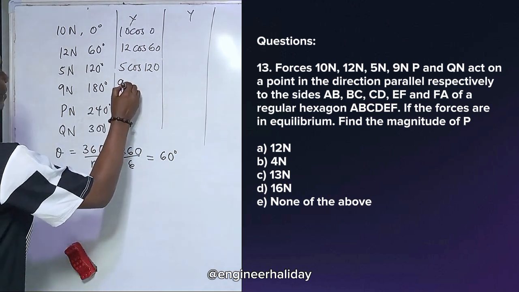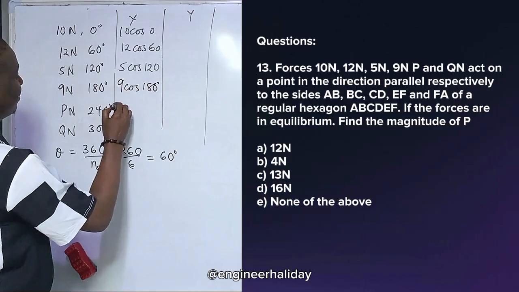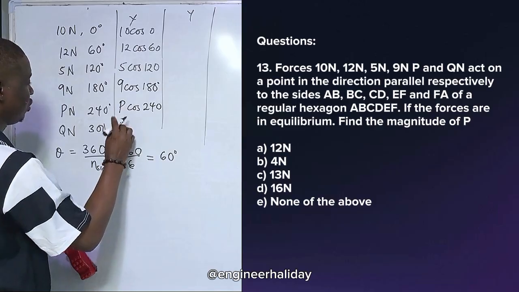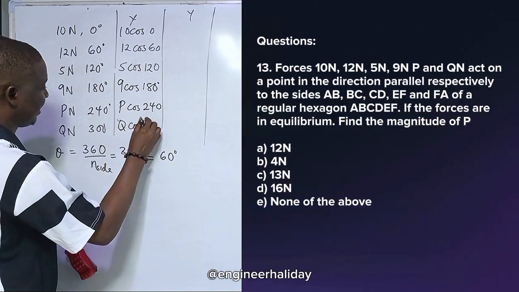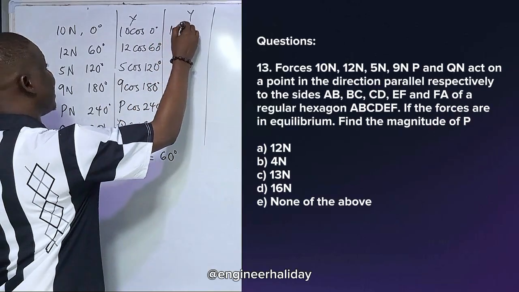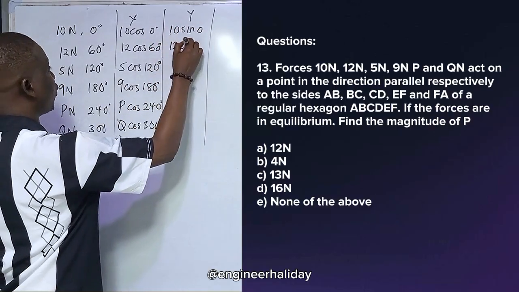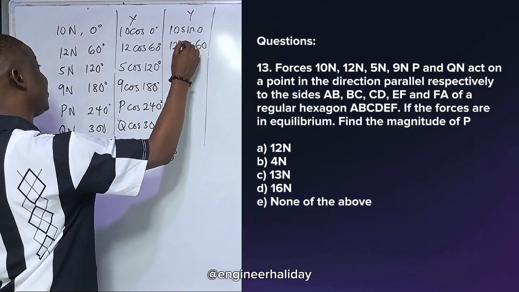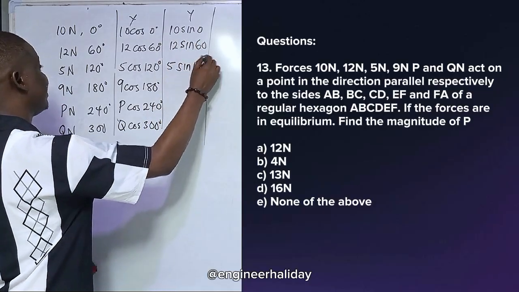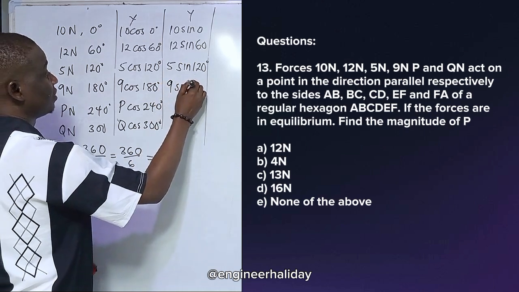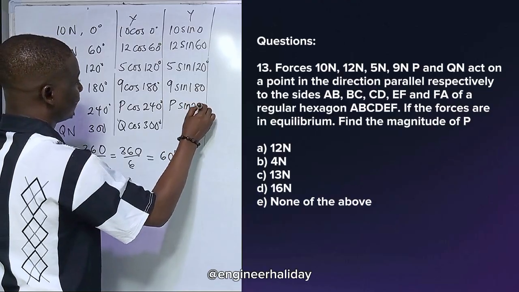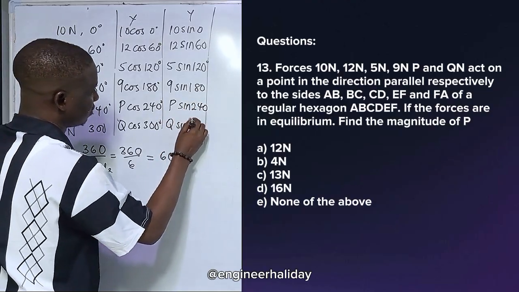You have 9 cos 180, P cos 240, then Q cos 300 degrees. Now for the y components, here will be 10 sin 0, 12 sin 60, then 5 sin 120, 9 sin 180, then P sin 240, then Q sin 300.